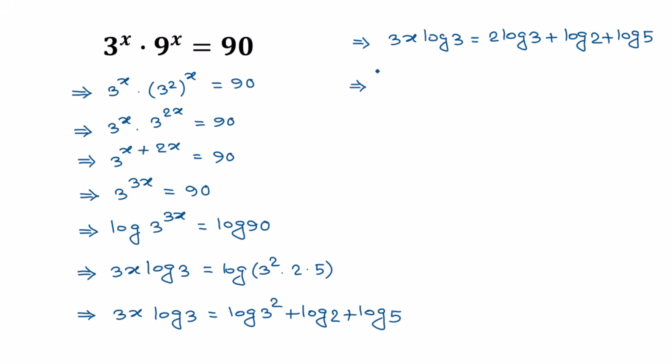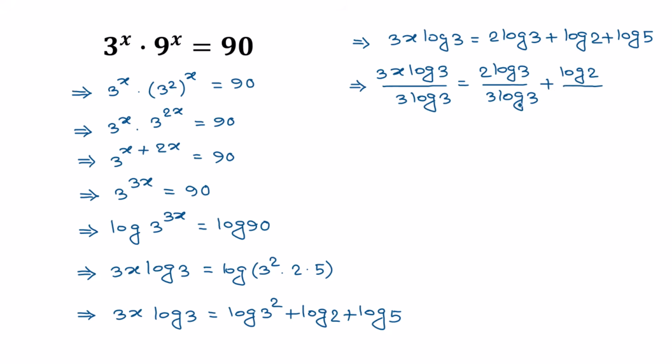So we can write 3x log of 3 divided by 3 log of 3 is equal to 2 log of 3 divided by 3 times log of 3, plus log of 2 divided by 3 times log of 3, plus log of 5 divided by 3 times log of 3.